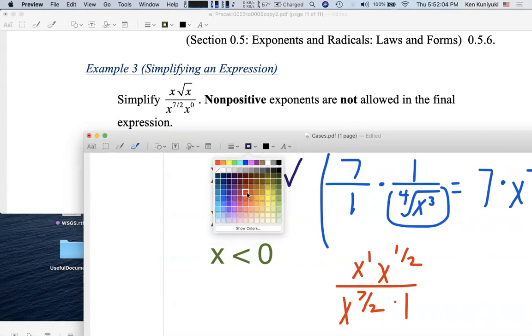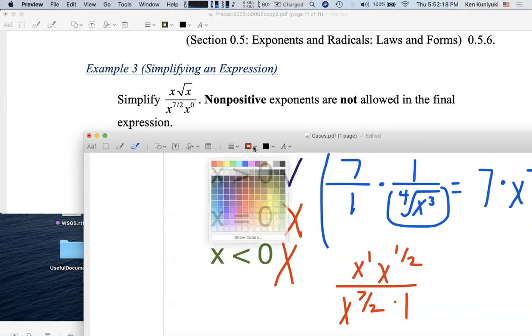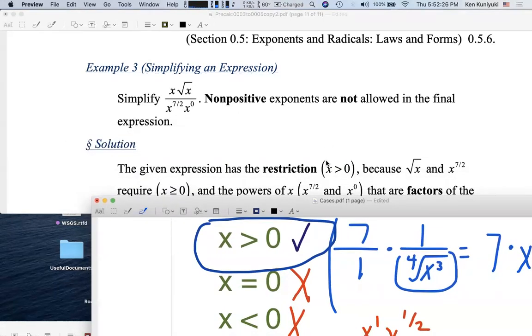So 0 will be no good for x. What about negative? Square root of a negative number, no good. Either here or, as it turns out, the x to the 7/2 would have a problem with that also. So x cannot be negative, which means that we need x to be positive in order for this expression to keep it real. The restriction is going to be x has to be positive. Okay.